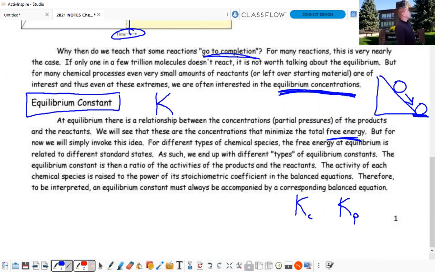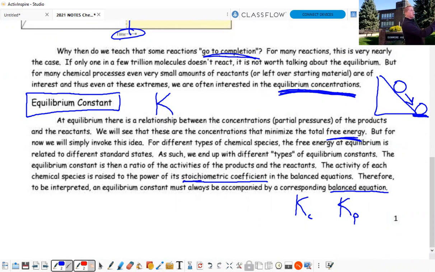All right, so the equilibrium constant is a ratio of the activities of the products to the reactants. The activities of each chemical species is raised to the power of its stoichiometric coefficient in a balanced reaction. Therefore, to be interpreted, an equilibrium constant must always be accompanied by a balanced equation. So you're going to get a balanced equation.